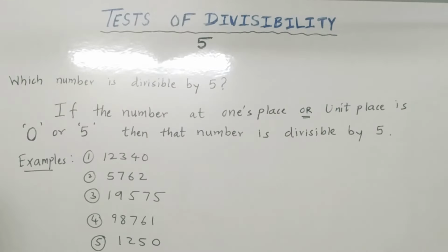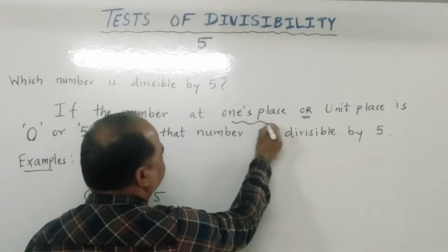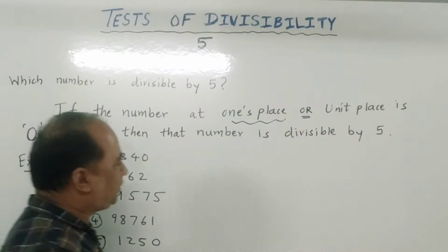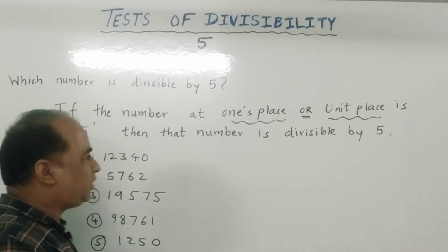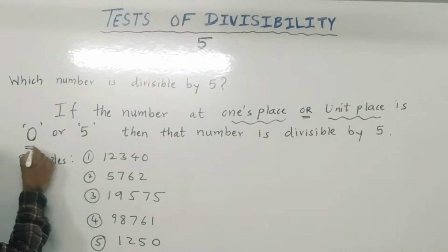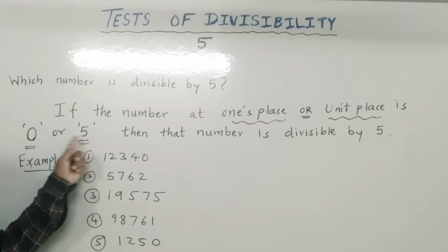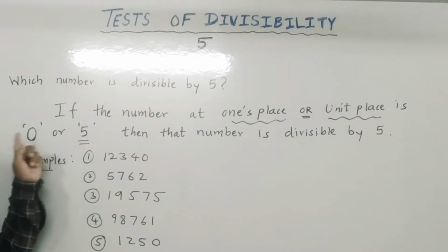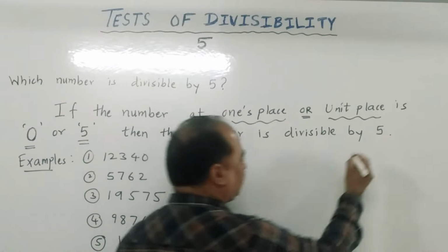Now test of divisibility by 5. Which numbers are divisible by 5? If the number at ones place, or unit place, that is the last digit of a number, is 0 or 5, then that number is divisible by 5.